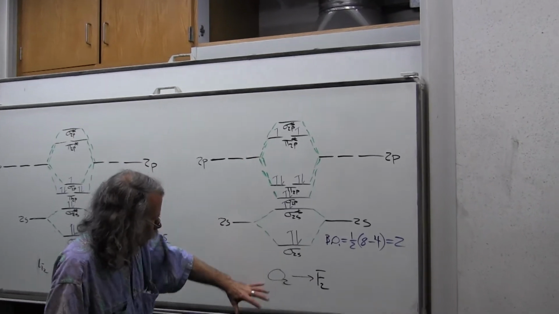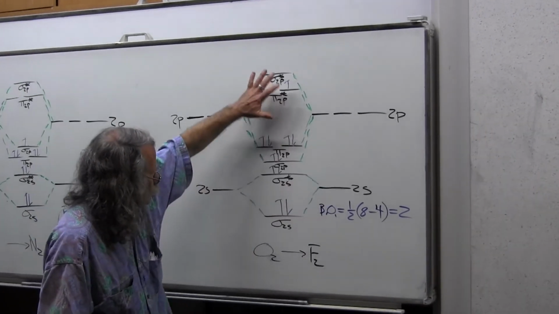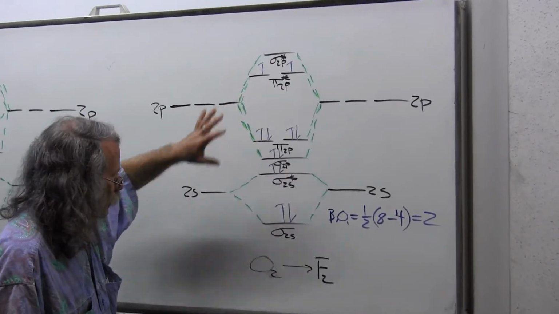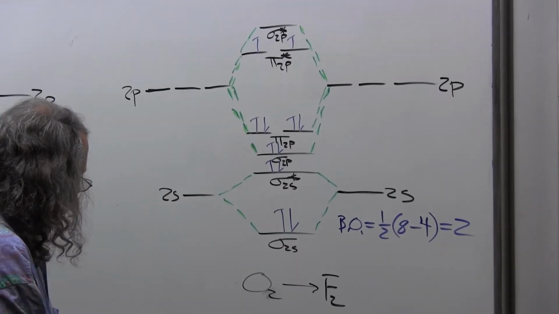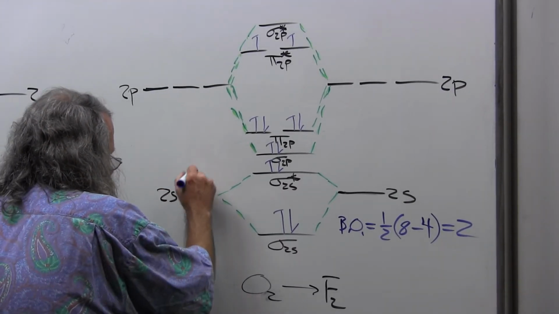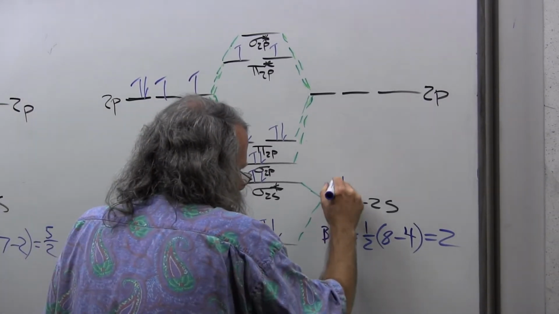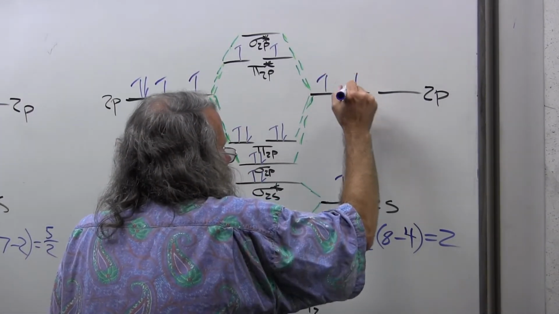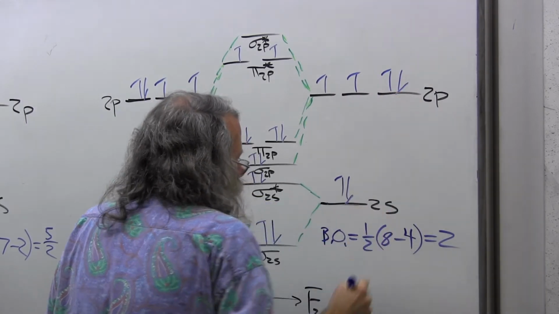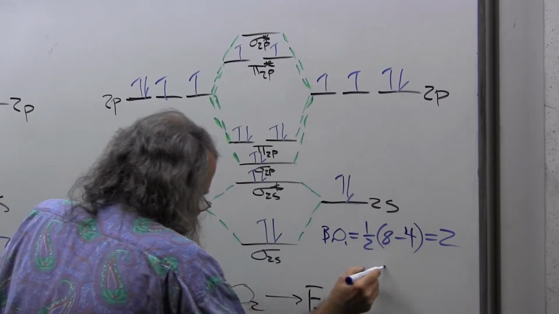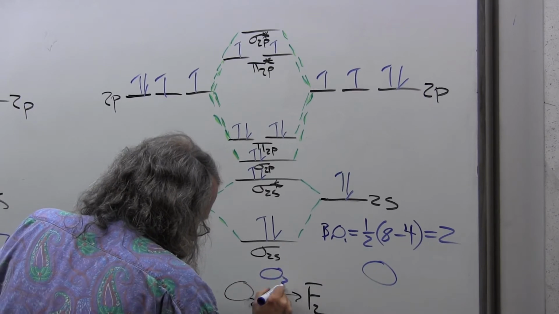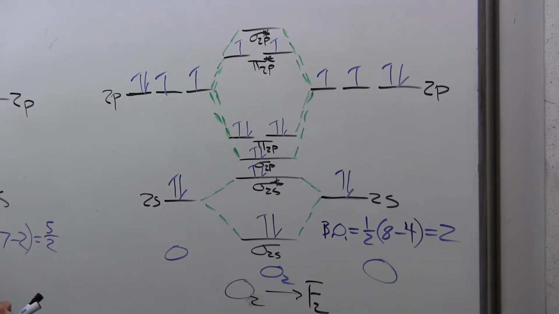This is the O2 molecule with the electrons occupied. I start with 12 atomic orbitals on each oxygen, and I end up with an O2 here.